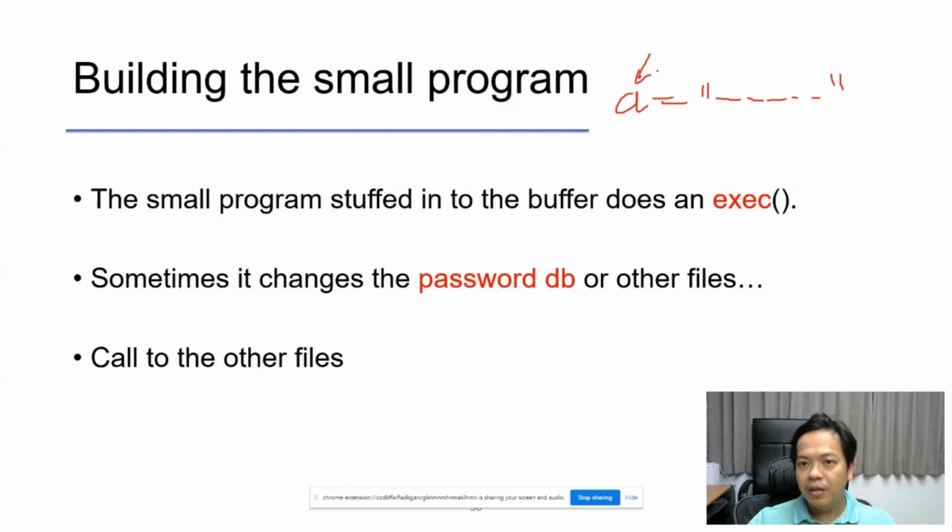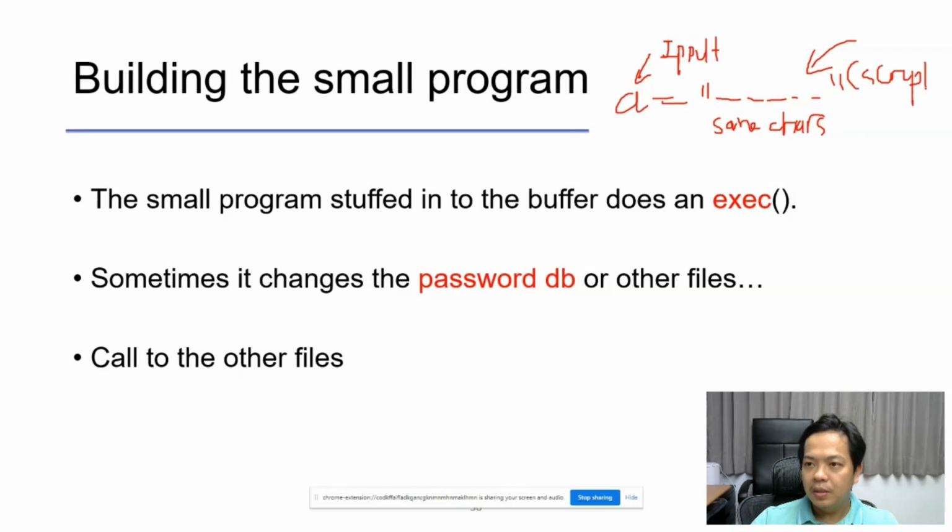This is the input, right? Input a variable, and besides the input, some characters here, or some smart hackers will eventually input the program, some script, into this string, and after that they will call exec and run the function.